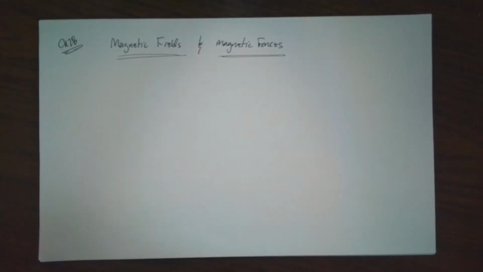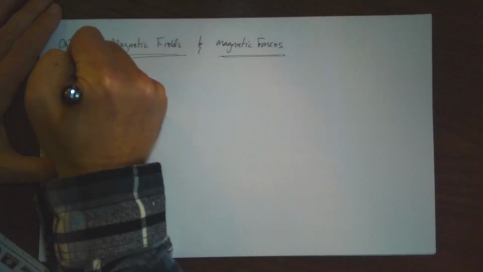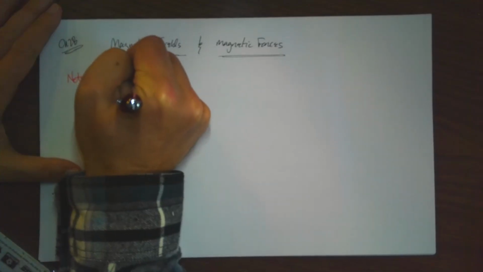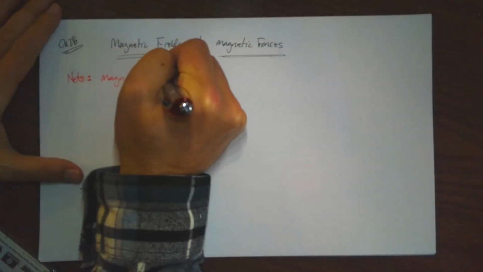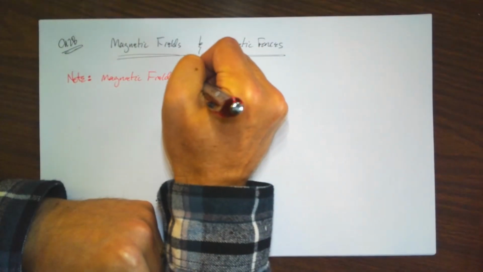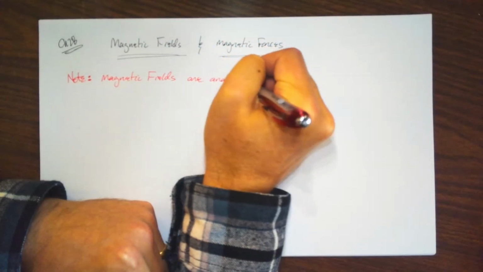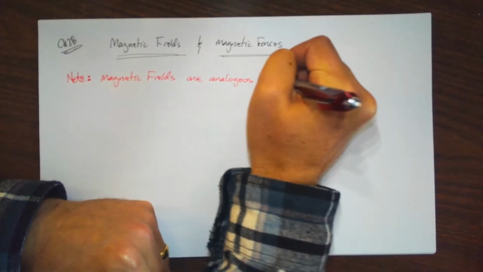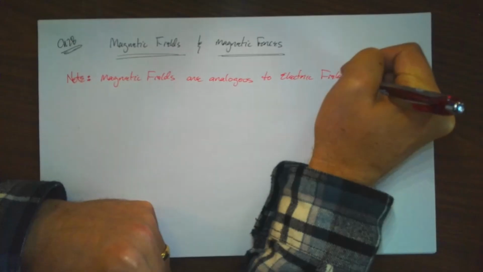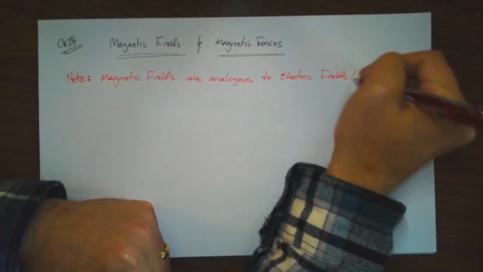Okay, and so the big thing that we're going to talk about is that our magnetic fields are analogous to electric fields.